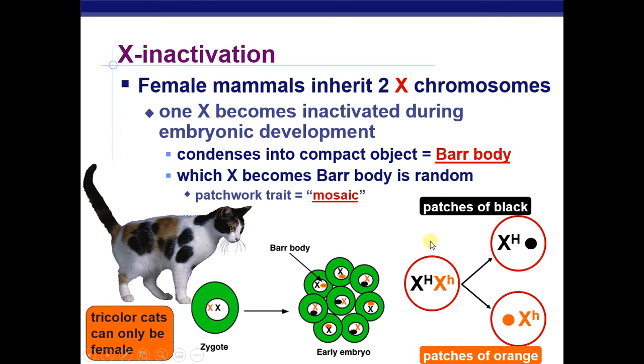So if we think about it in this sense, the orange and the black coloration is a sex-linked trait in these cats. And when an X becomes inactive, it's no longer able to express its allele, and so we get this piecemeal kind of different coloration on their fur.